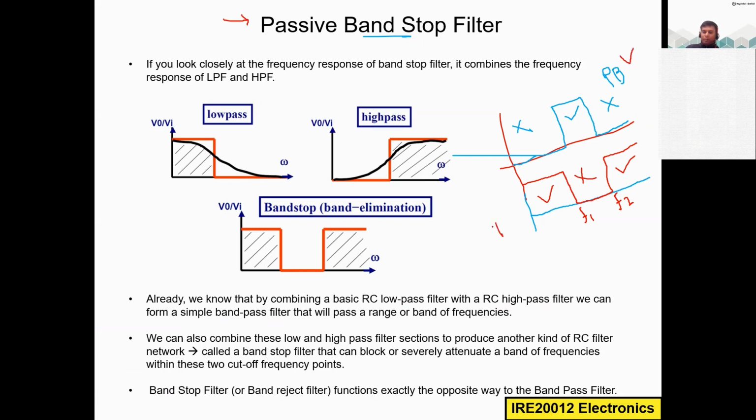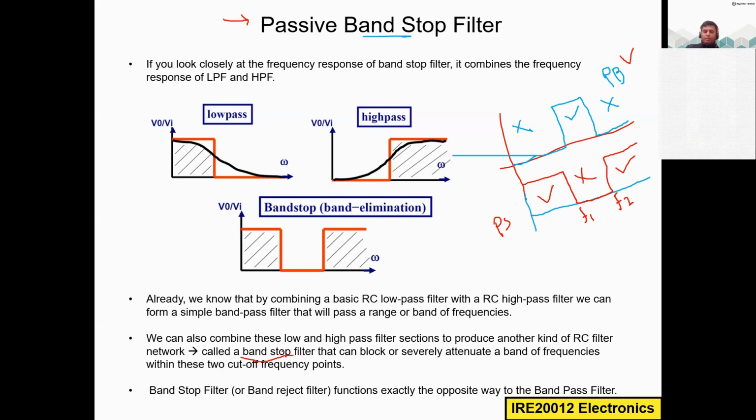So what are we doing in the band stop filter? We can also combine these low pass and high pass filter sections to produce another kind of frequency response, or to produce another RC filter network that can form a band stop filter.